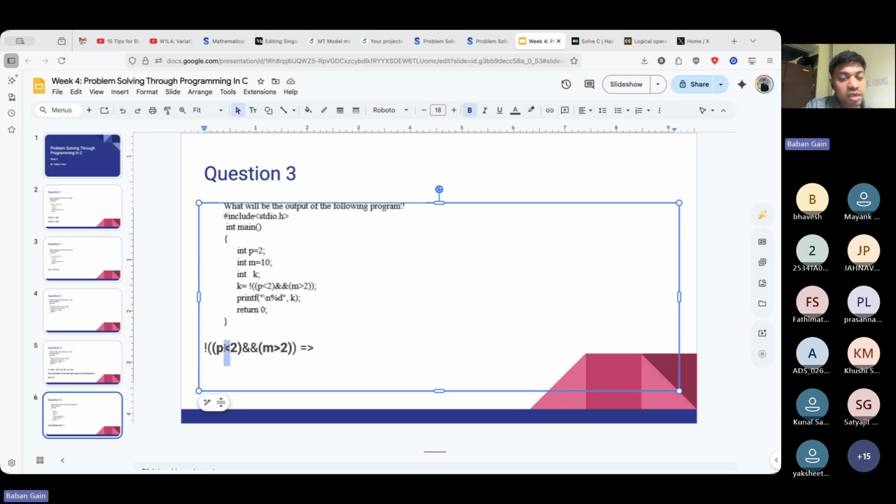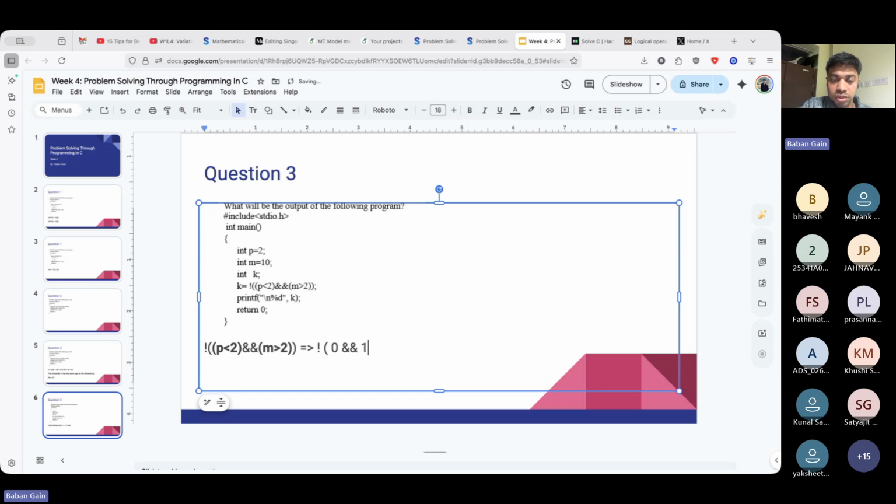The answer is no, and no means 0. So the answer here is 0. Next, is m greater than 2? The value of m is 10. So is 10 greater than 2? The answer is yes.